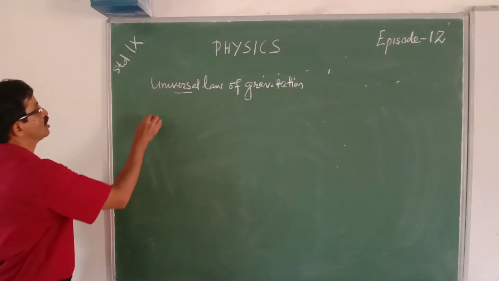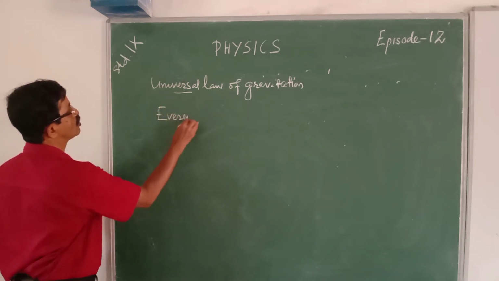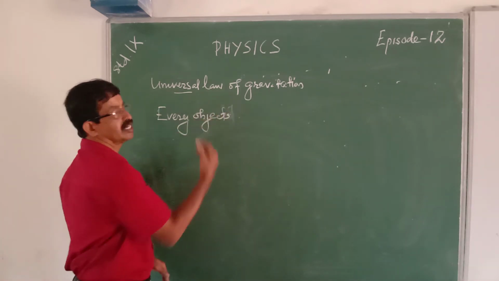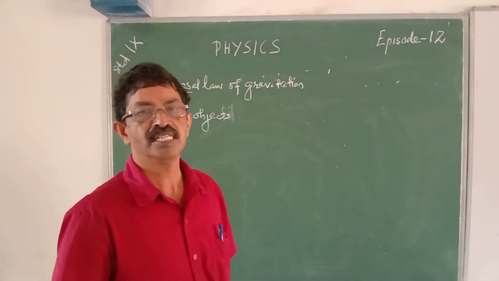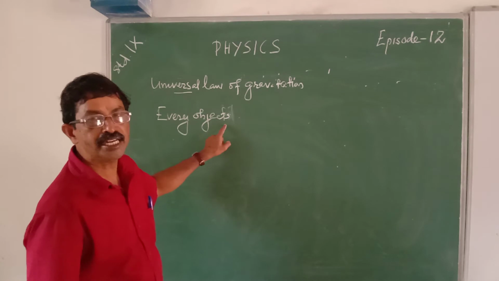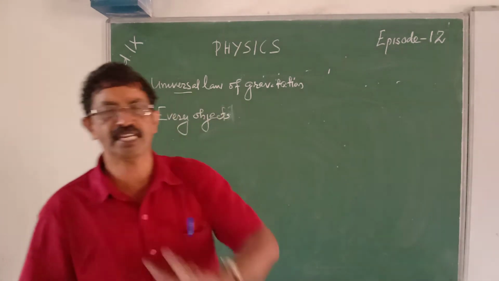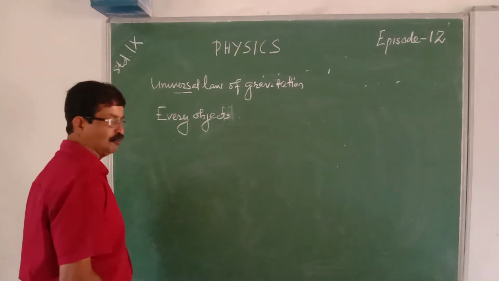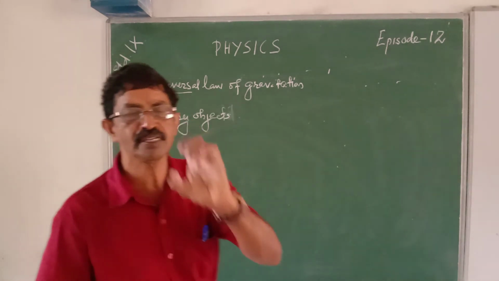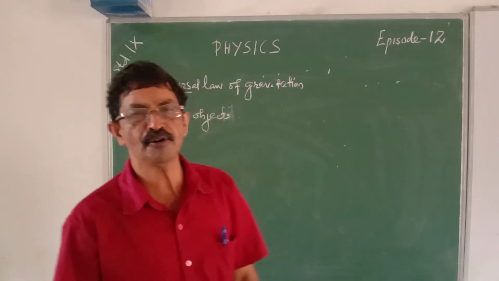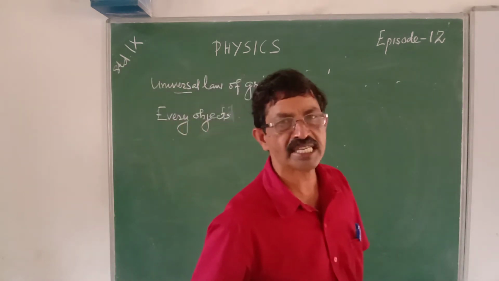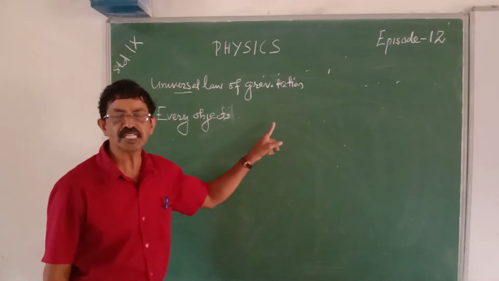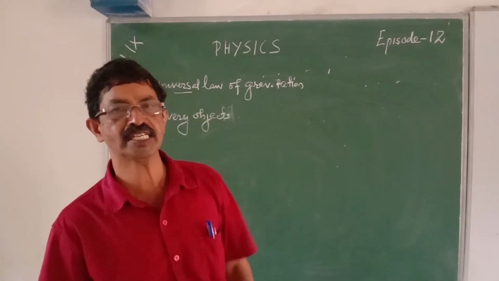The statement is that every object in the universe attracts every other object with a force, and that force is proportional to the product of their masses, and inversely proportional to the square of the distance.